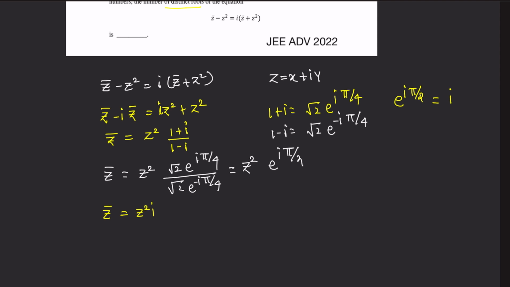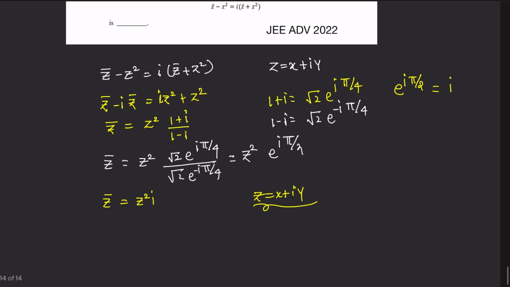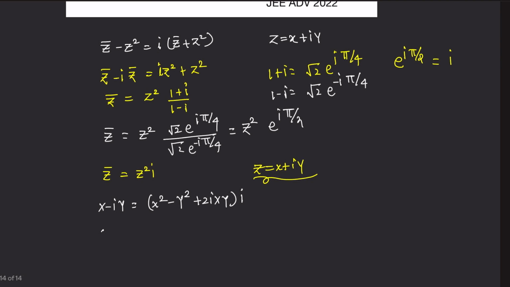So are we fine here? We think we are. The equation is reduced, and now we can put z equals x plus iy. After putting, we get x minus iy equals x square minus y square plus 2ixy, multiplied with i. I have written it directly, you can check. So x minus iy equals ix square minus iy square minus 2xy.